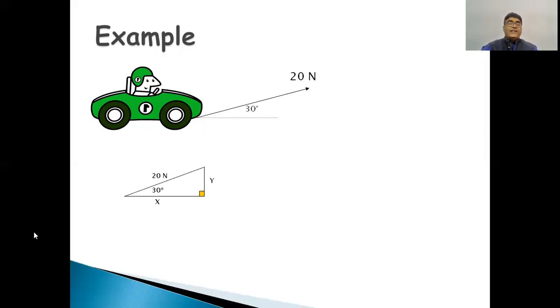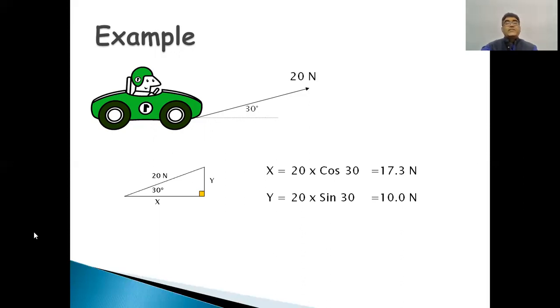that car. And here, if we make a right angle triangle, where 20 Newton is the force making an angle of 30 degrees with the x-axis, and the y component is perpendicular to the x-axis, then the x component of that 20 Newton force will be 20 cos 30 degrees, which comes out to be 17.3, because the value of cos 30 degrees is 0.866, and the y component of the force will be 20 sin 30 degrees, which comes out to be 10 Newton.